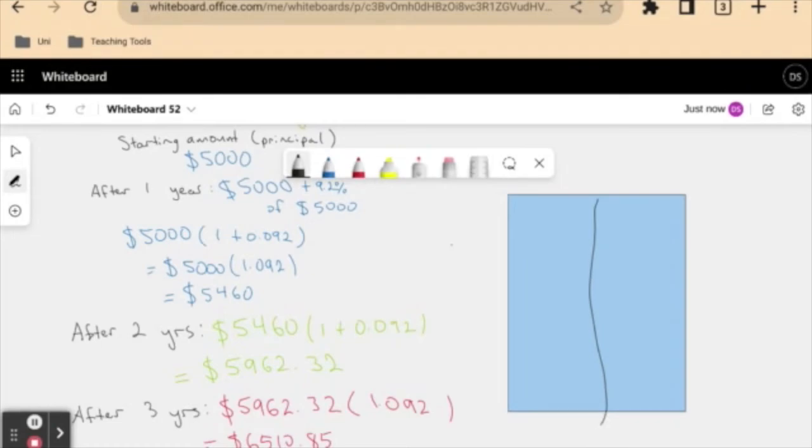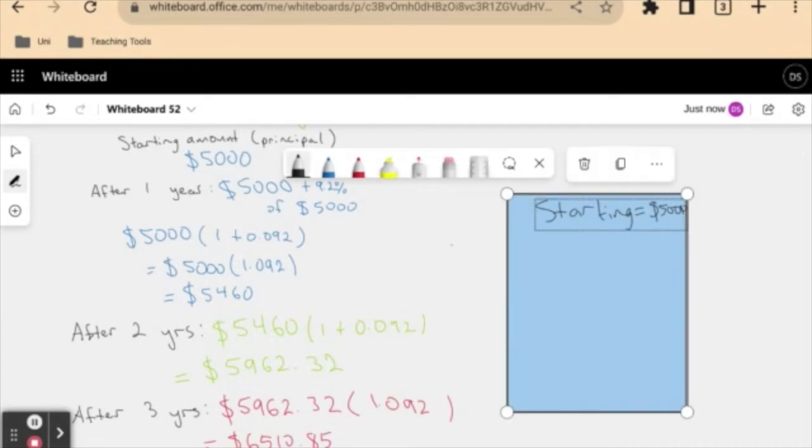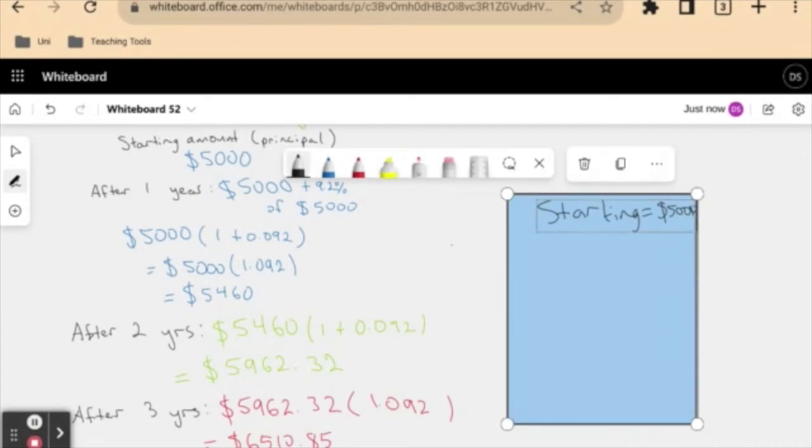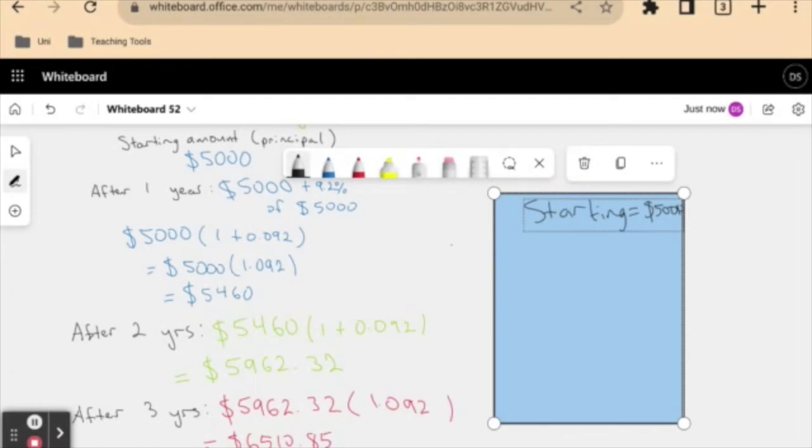Now, let's draw this. So we have our principal here. This is our starting amount. Okay, we have our starting amount.